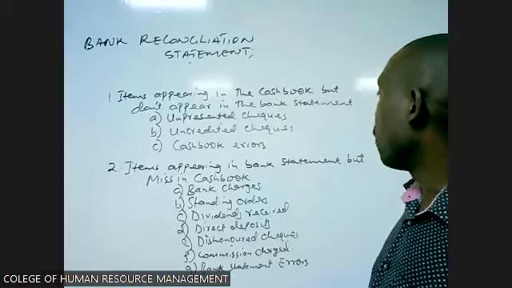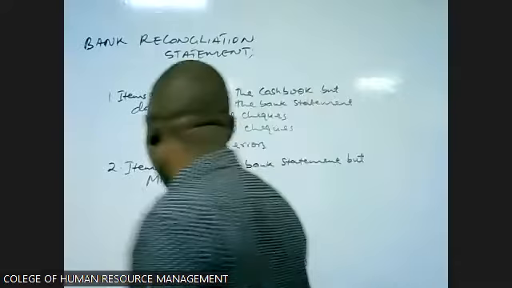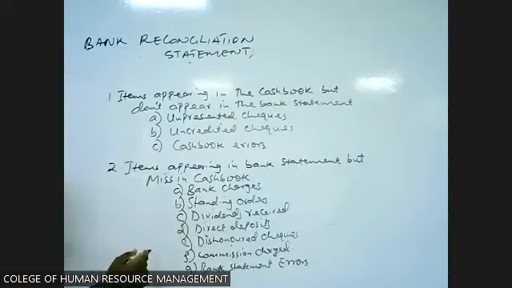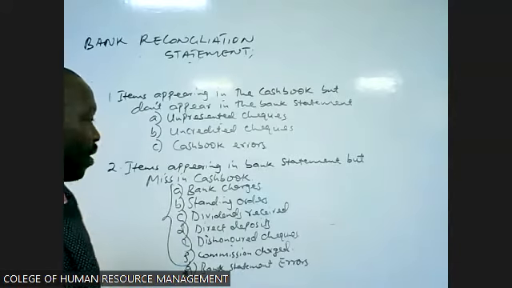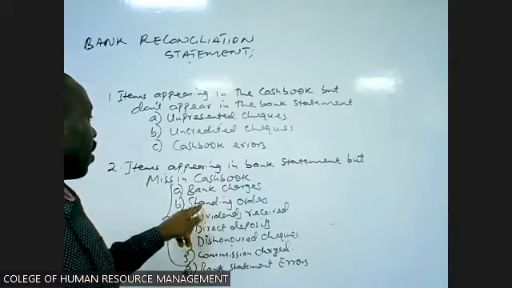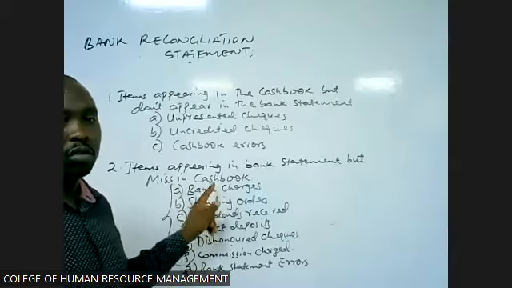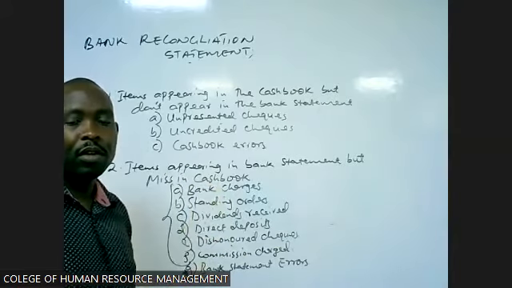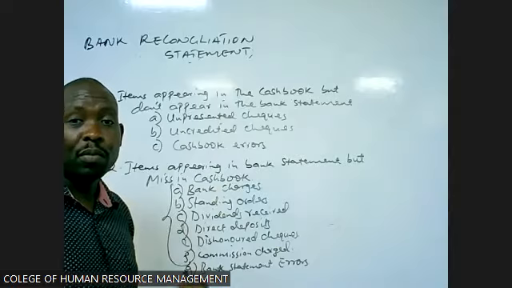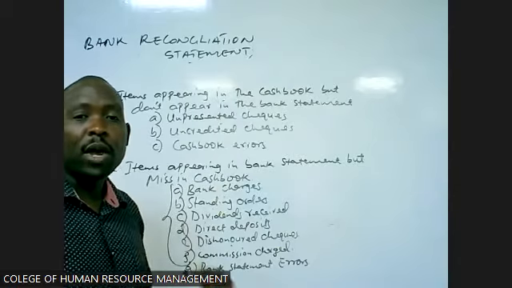Then you need to come here and consider this item, excluding bank statement errors. These are items that are missing in the cash book, and they are missing simply because the accountant was not aware that they occurred.